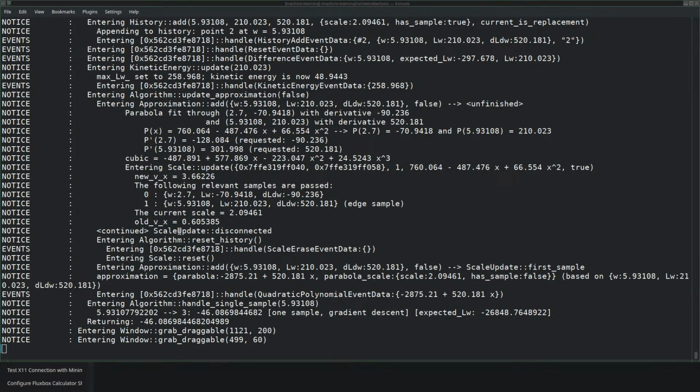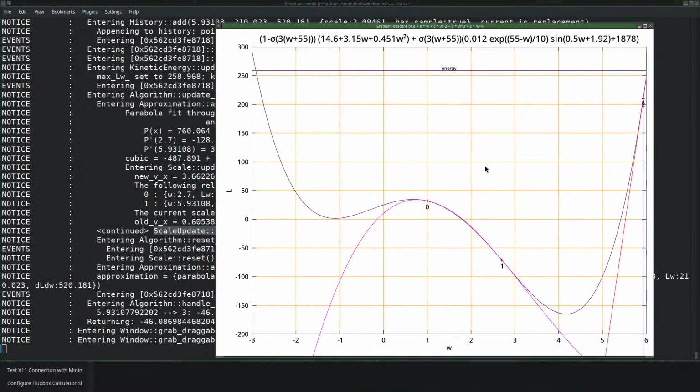I think the disconnect comes from missing the parabola fit. Yeah, I had a parabola fit here. And then we jump to 2, and then it says, yeah, the point 2 has nothing to do anymore with the previous parabola. That's what the disconnect means.